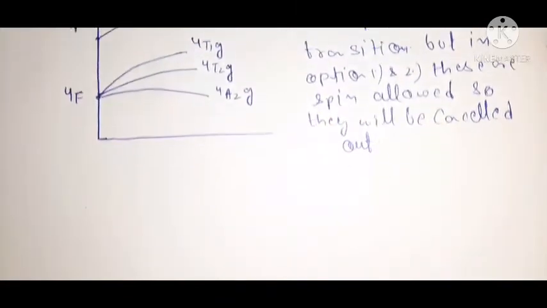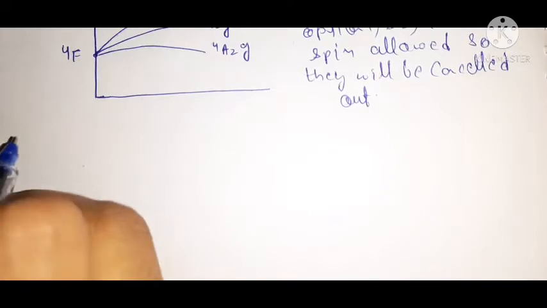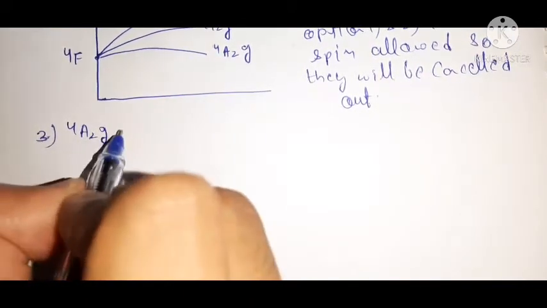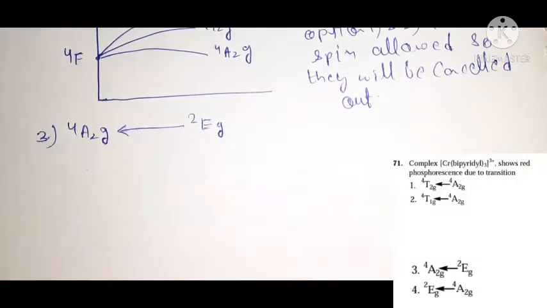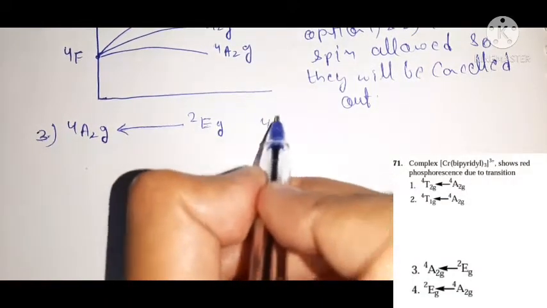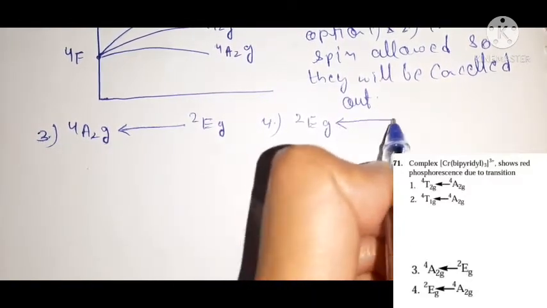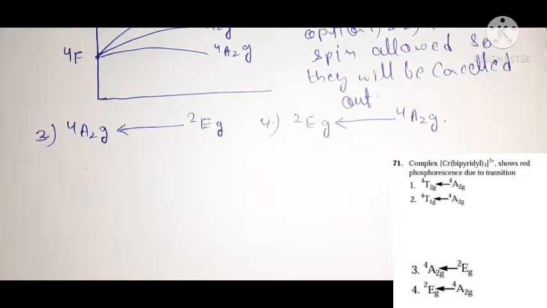Now we are left with only option 3 and 4. In option 3 it contains transition from 2Eg to 4A2g, and in option 4 it contains transition from 4A2g to 2Eg. They are spin forbidden transitions.